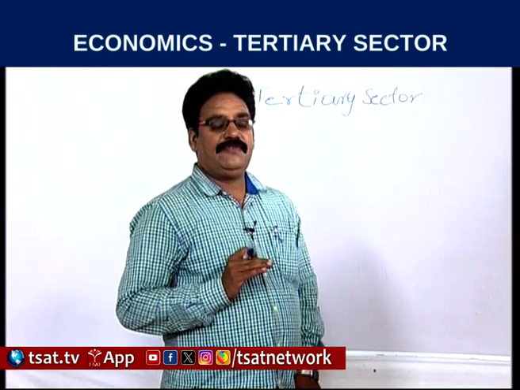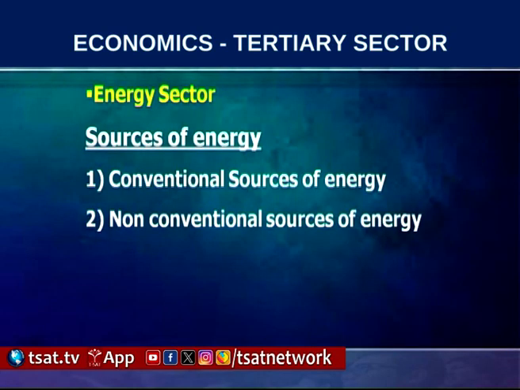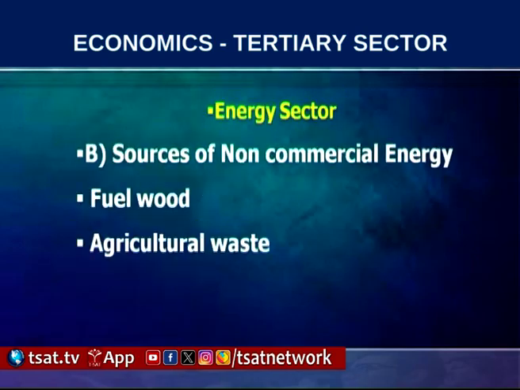Conventional sources of energy are again classified into two types, commercial energy sources and non-commercial energy sources. Commercial energy sources, coal, petroleum and electricity, oil and gas, all come under the category of commercial energy sources. Non-commercial energy sources are firewood, agriculture waste, and animal dung.